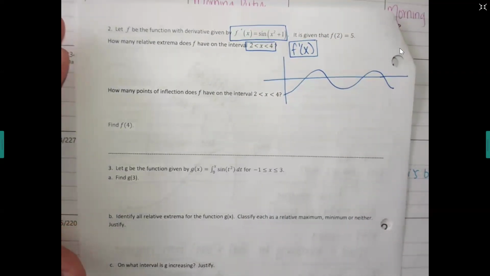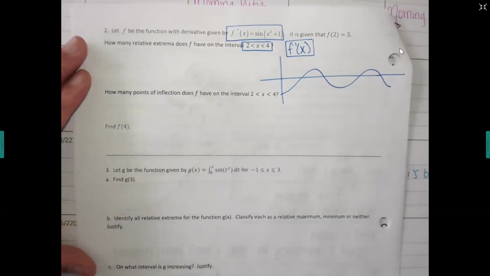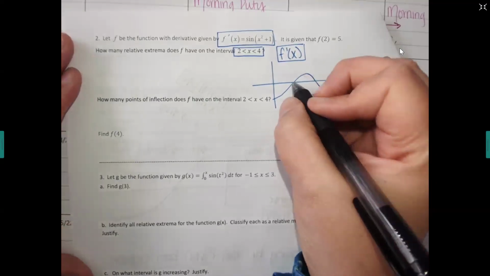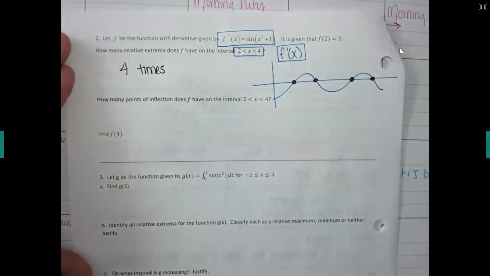It doesn't ask us to actually find them, but how many times does that happen? 1, 2, 3. So 4 times. Now, you could even isolate that to how many of them are mins and maxes, based on how it passes through. Hopefully you know how to do that.